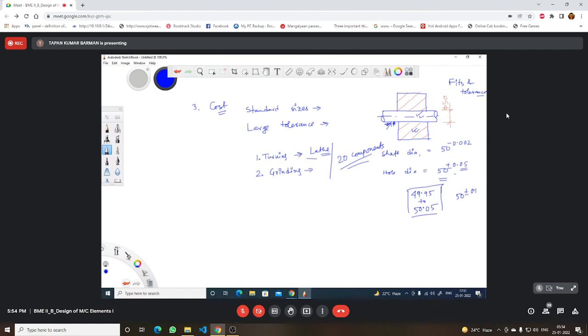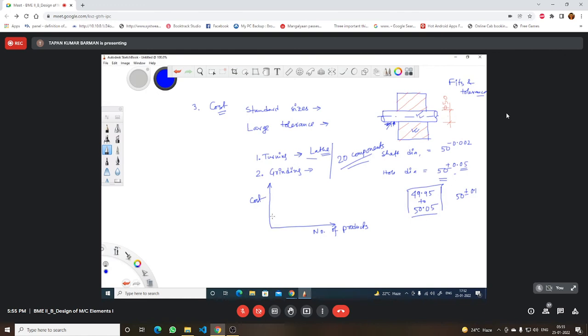Now what we will do here, from the past data, we'll try to make one graph. Here we'll put the number of products we require, and here we'll put the cost.